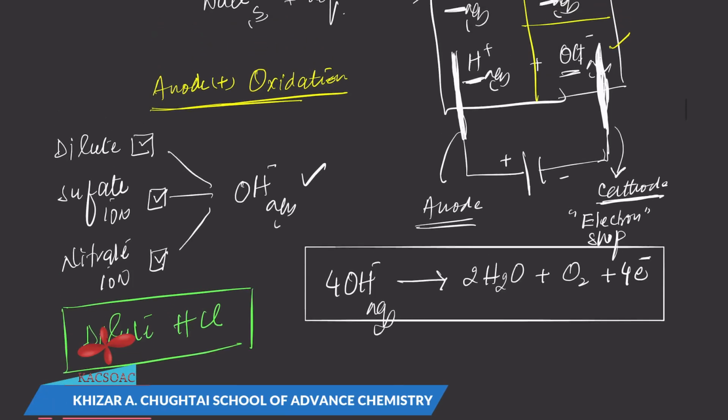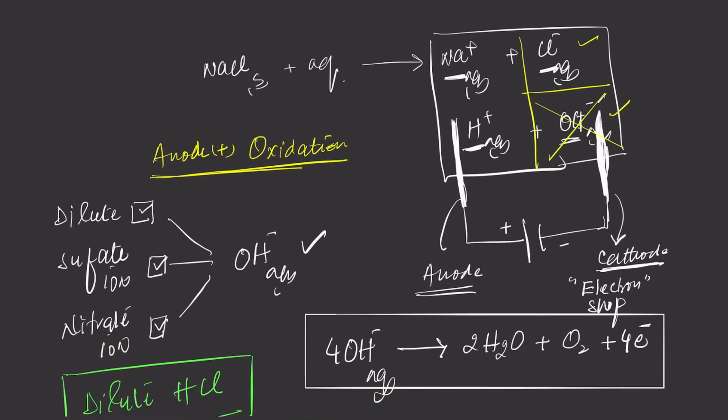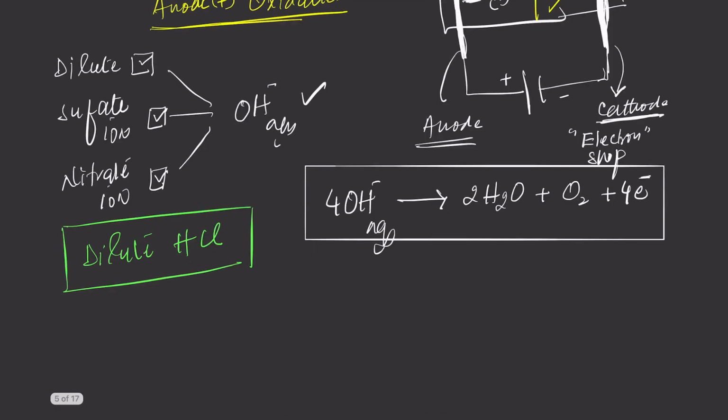Otherwise, if your solution is not dilute, and there are no sulfate ions and no nitrate ions, then the winner ion will be the Cl- ion. In this case, 2Cl- ions will go towards the anode, lose 2 moles of electrons and finally form chlorine gas.